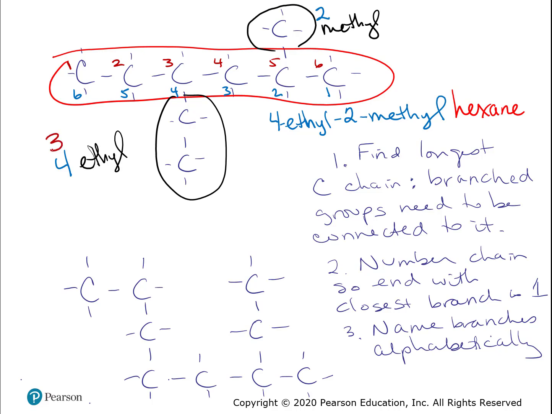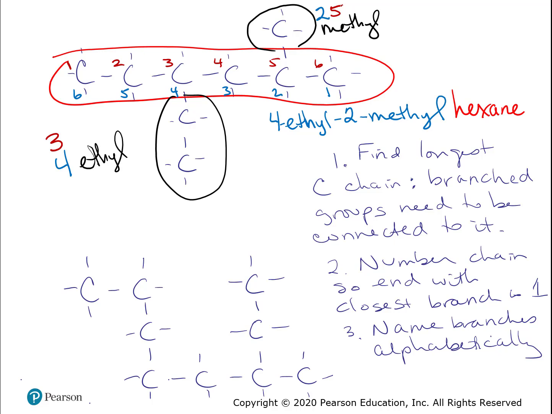But what would methyl be? 5. So do you agree that 2 and 4 is lower than 3 and 5? That's why I say just look at the chain and count in how many carbons before I get to a hanging group. Whichever one has the hanging group closer, that's the side you number from.